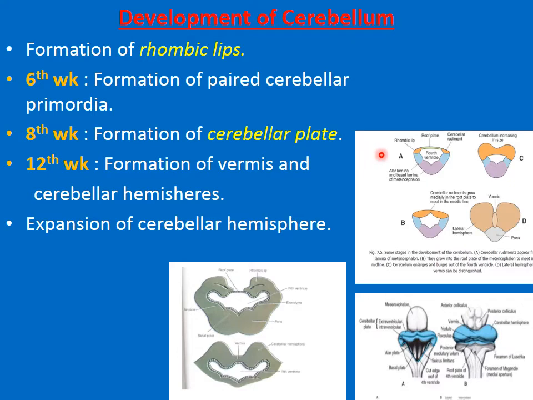The dorsolateral parts of the alar plates of the metencephalon bend medially and form a pair of rhombic lips which flank the expanded roof plate of this region.